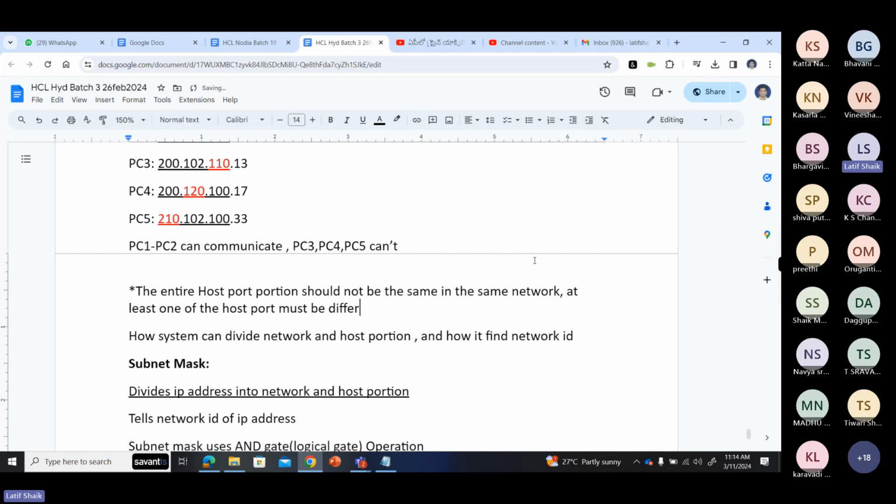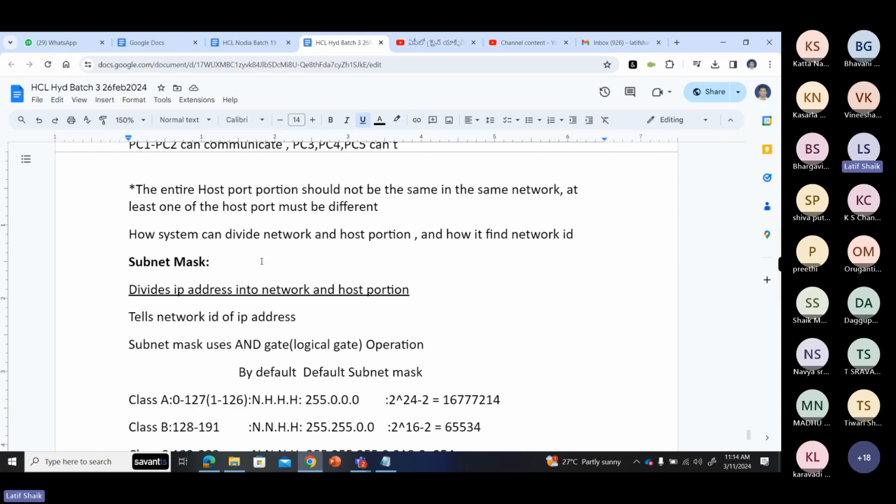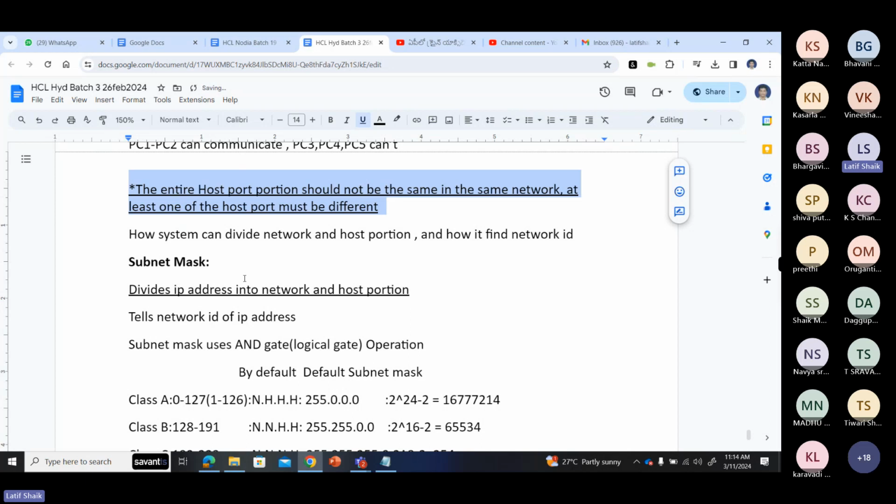At least means either all host portions or at least one portion should be different. Okay, guys. So this is one of the important points.